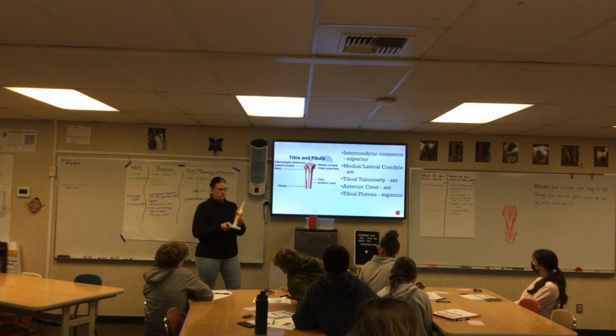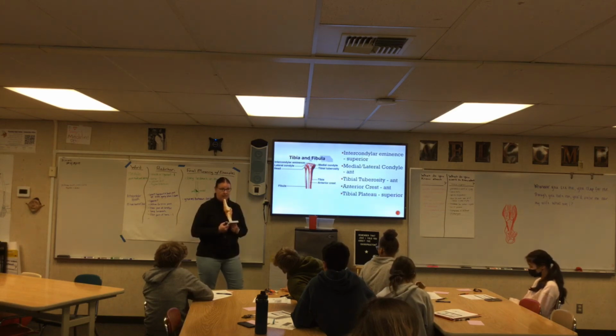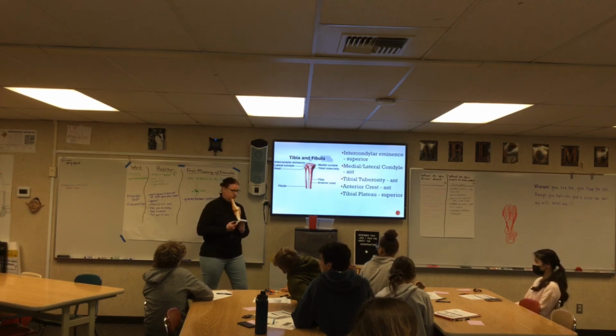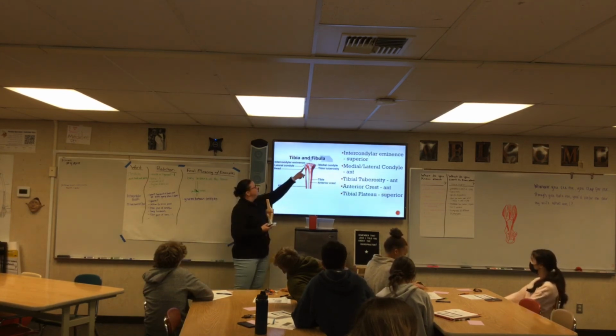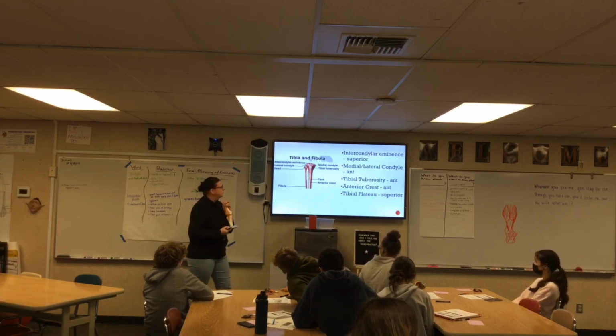We all know what the head means, because the head of the femur makes what? The hip joint. So the head of the fibula makes the joint right there with the tibia.